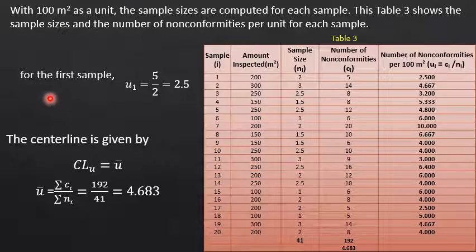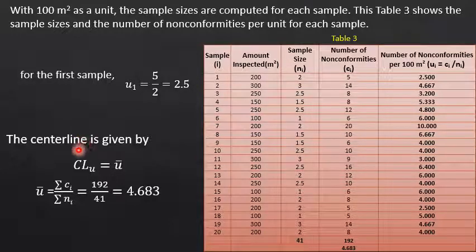For the first sample, I show you the sample calculation: u1 is equal to ci divided by ni, that is 5 by 2, that is 2.5. Similarly, for the second sample we get 14 divided by 3, that is 4.667. For the third sample, 8 divided by 2.5, that is 3.2. Similarly, we get ui for all 20 samples.